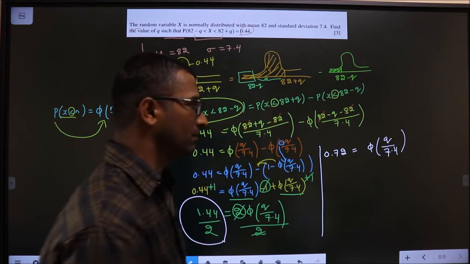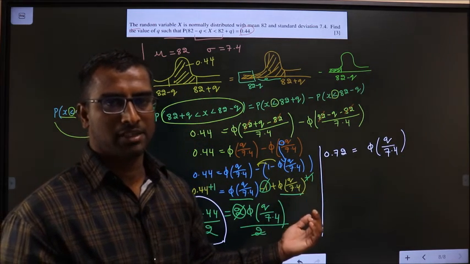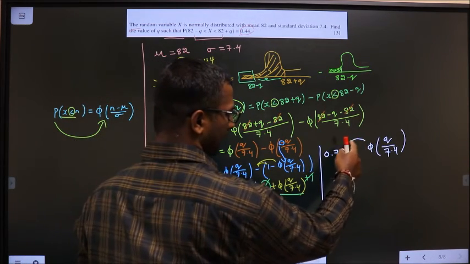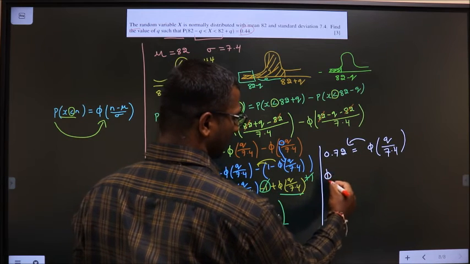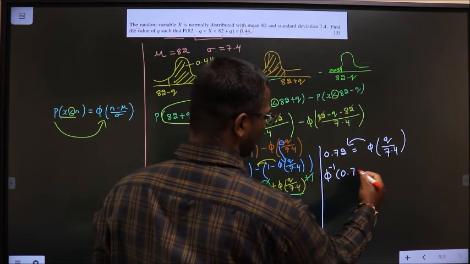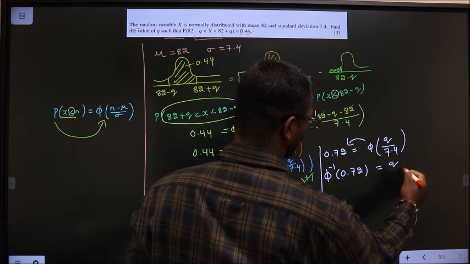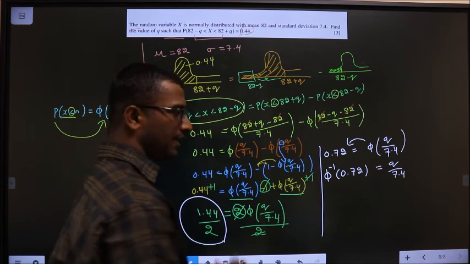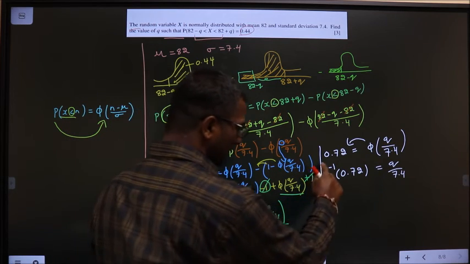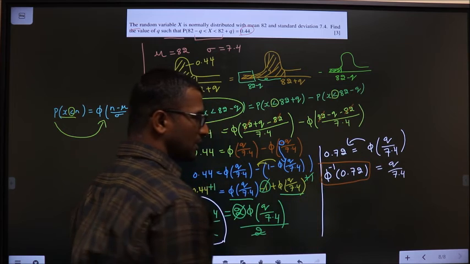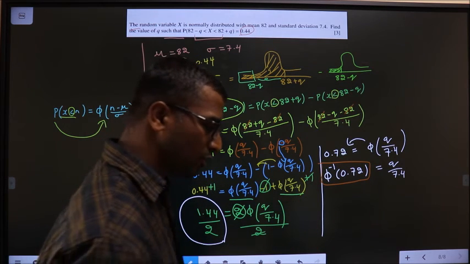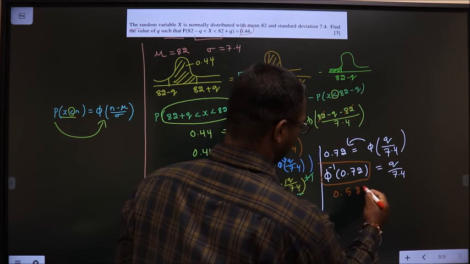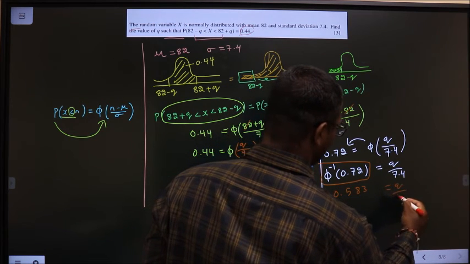Okay, now how do you simplify further? Shift phi to the other side. When phi gets shifted to the other side, it will become phi inverse of 0.72 equal to q by 7.4. Clear? Now this value you will get from the normal distribution table, and you should get it to be 0.583 equal to q by 7.4.